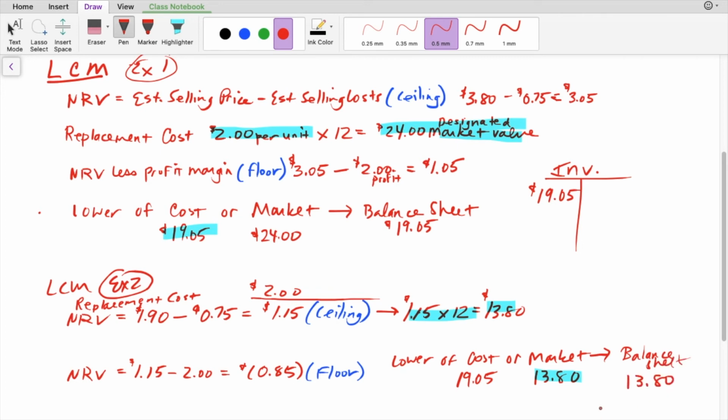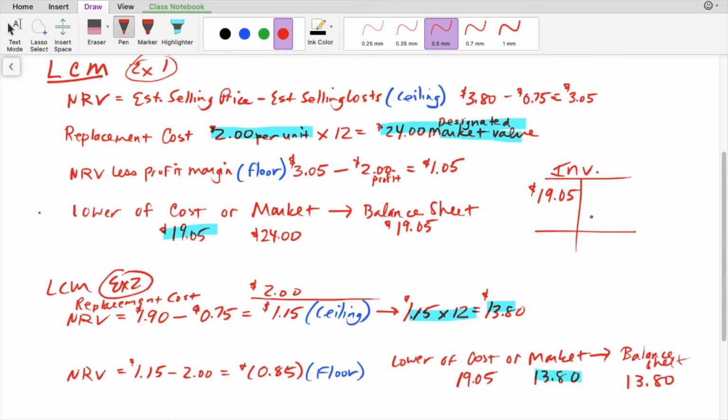Now, like before, with lower of cost or net realizable value, we have a problem. What's our problem? Well, the inventory account has $19.05 in it. So the easy way to fix it, not always the best way and not always the way companies would use, but the simplest way to go through this process, is to reduce our inventory.